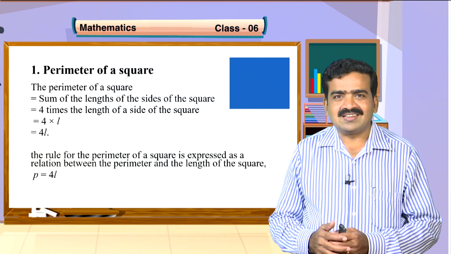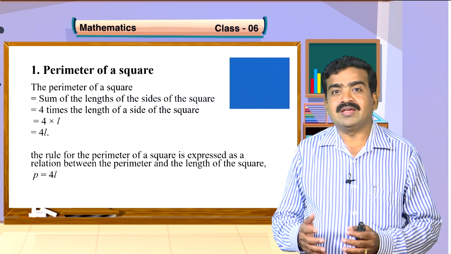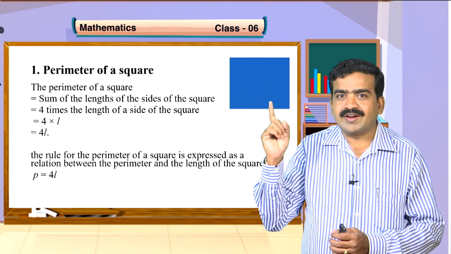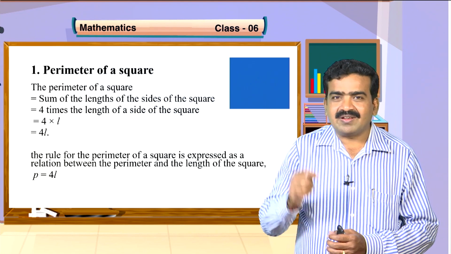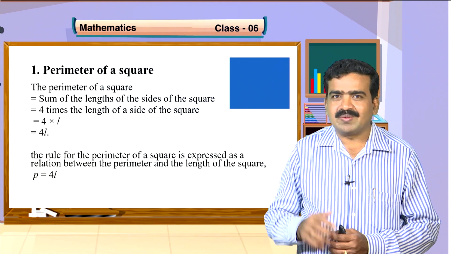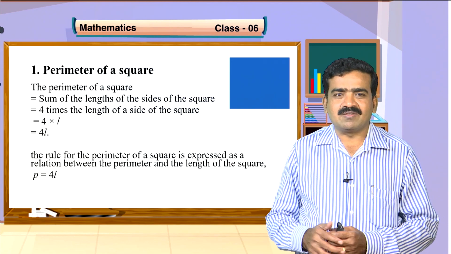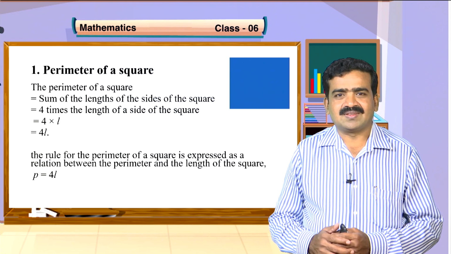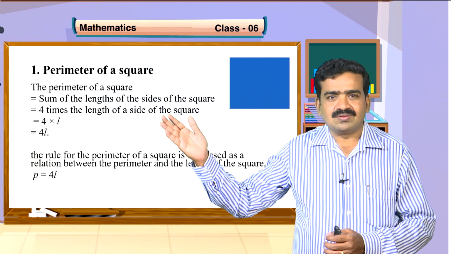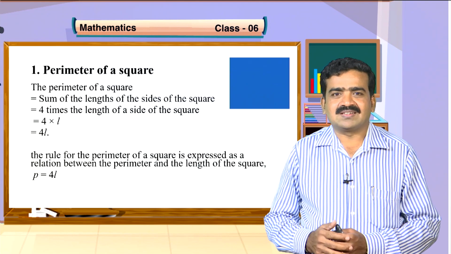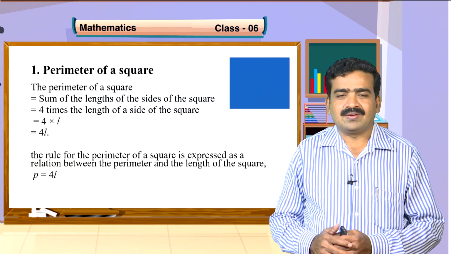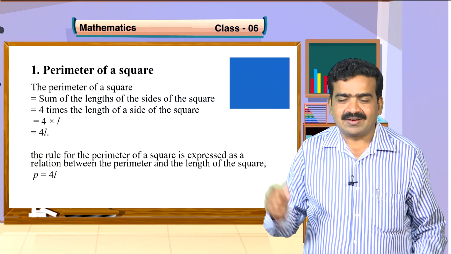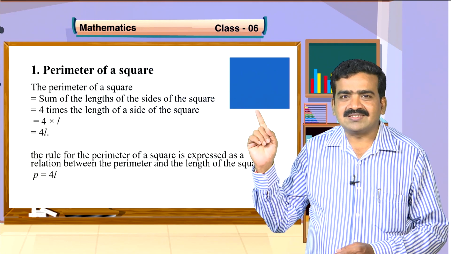Let us learn how algebra helps us to write the general form to find the perimeter of any square with any measurements. The perimeter of a square is equal to the sum of the lengths of the 4 sides, which is equal to 4 times the length of a side of the square, because all sides are equal.